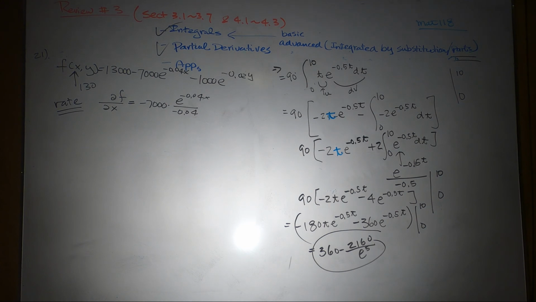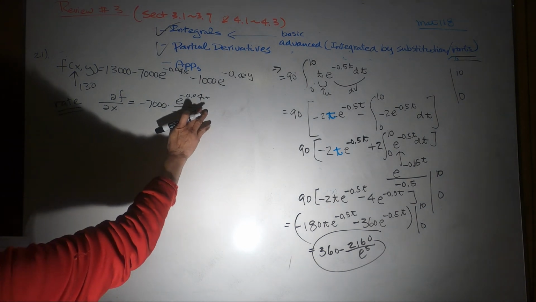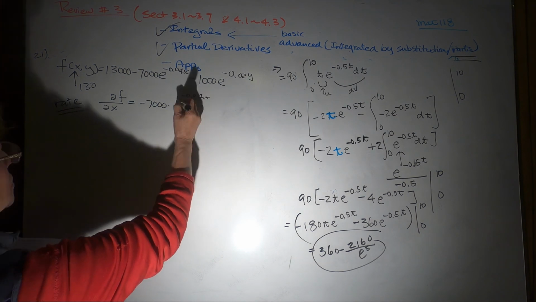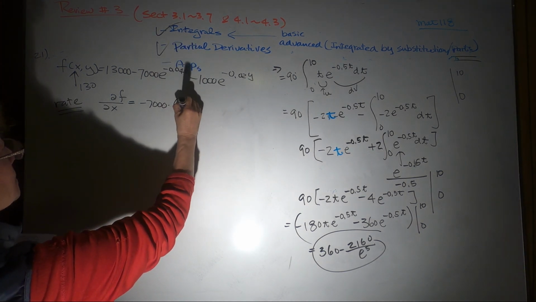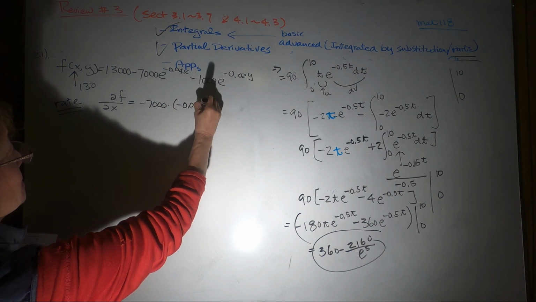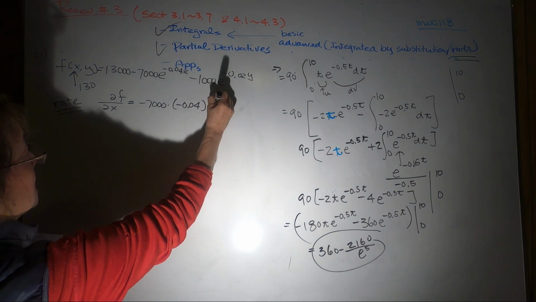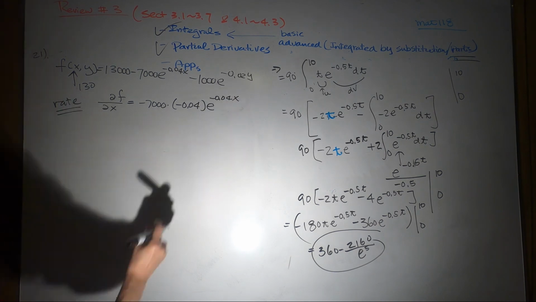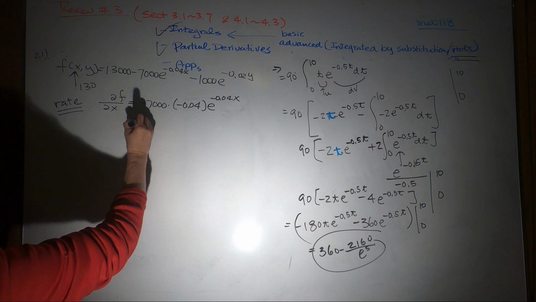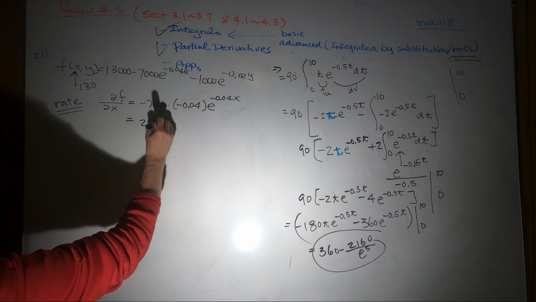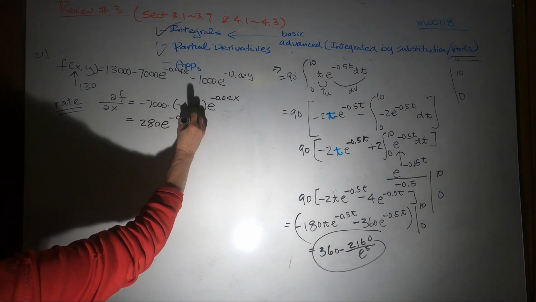Oops, we take a derivative, we are not taking the integral, so I should do the multiplication instead. Times e to the negative 0.04x. So that would be 280 e to this.